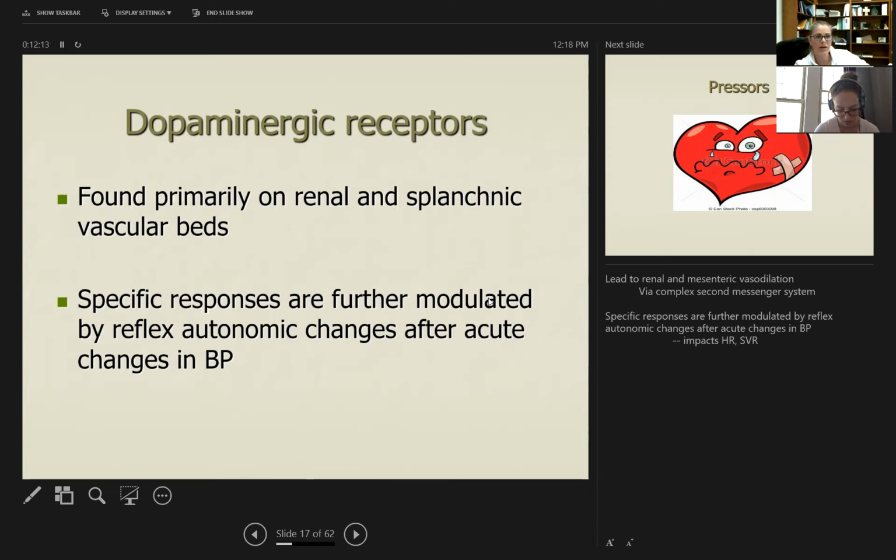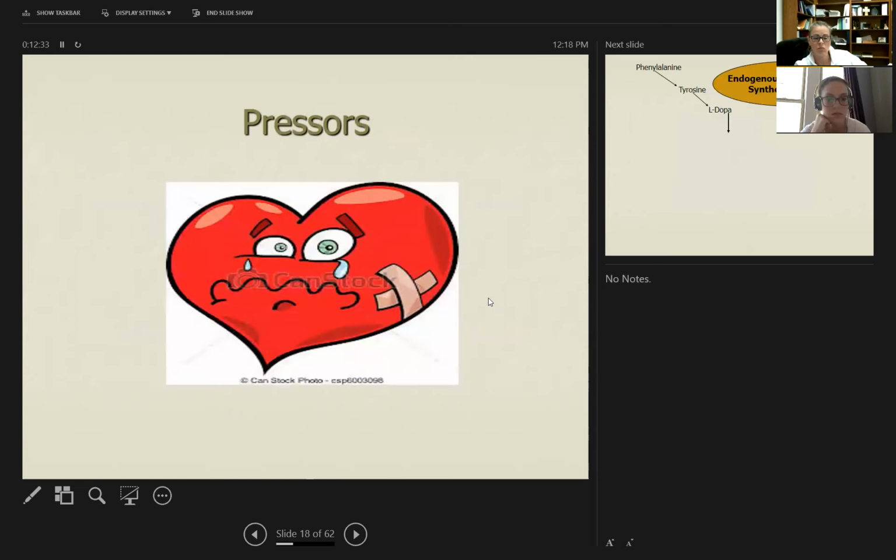So if we think about that in the background, think about how those receptors act and what their function is, like what their net effect is when they're activated, it should start to make more sense when we start talking about the different vasoactive substances, how we use them, and why we use them under specific circumstances.